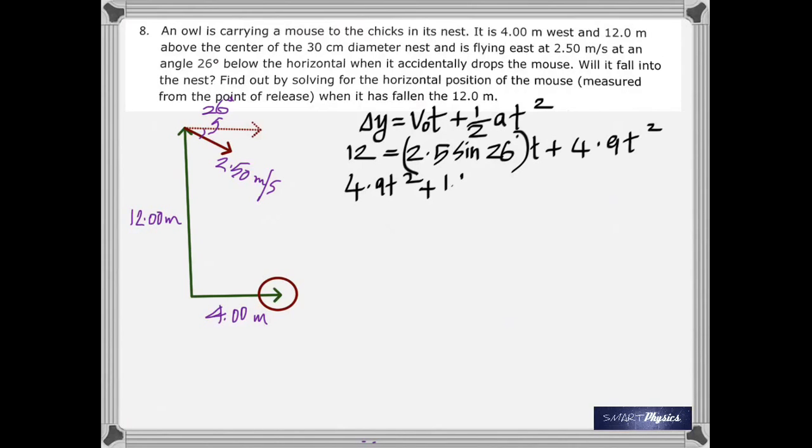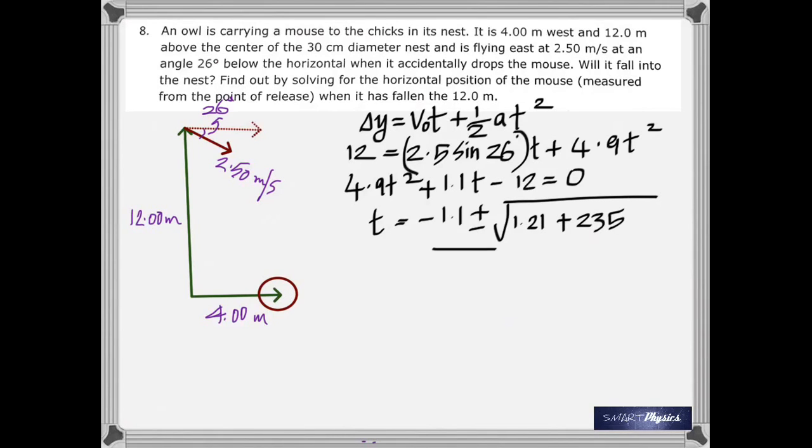Get a quadratic here. Of course, the v naught is 2.5 sine 26. And use the quadratic equation, calculate t. Get 1.46 seconds.